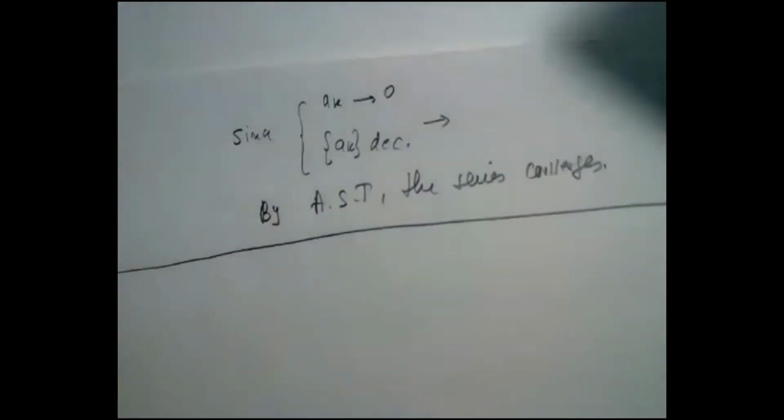So now the question: why does the alternating series test work? I'm going to show you very intuitively, very geometrically, why this test works. I will show it to you by a picture.